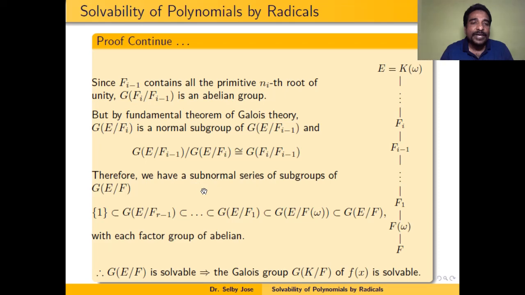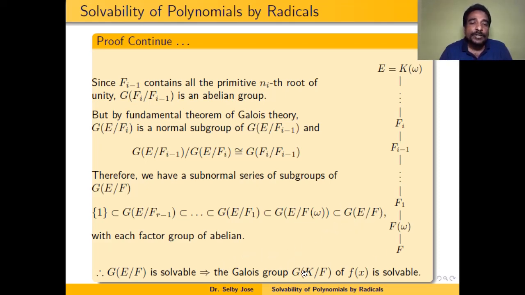Therefore, we have a subnormal series of subgroups beginning with the identity, contained in the Galois group of E over F_{r-1} and so on, up to the Galois group of E over F, where each quotient factor is actually an abelian group. That means each quotient group is an abelian group, so this series is a solvable series of the Galois group of E over F. Therefore, by definition, the Galois group of E over F is solvable.